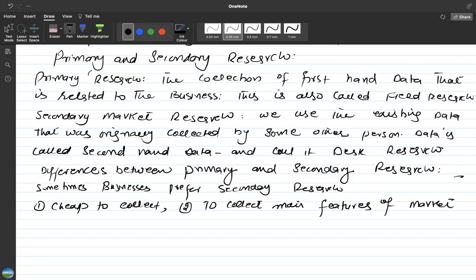We can assess the data about the competitors, about the products that they are introducing in the market and all that. If we talk about the usefulness of secondary research data, there are many.